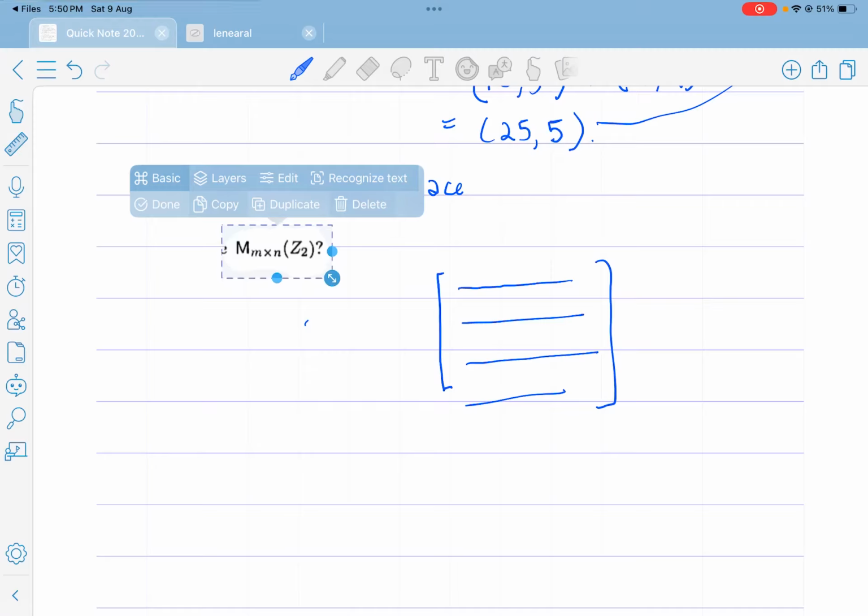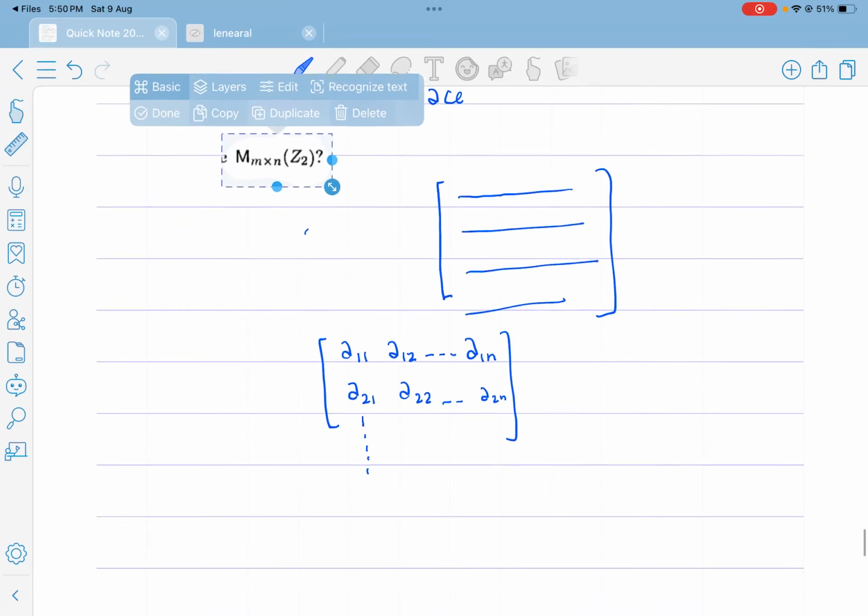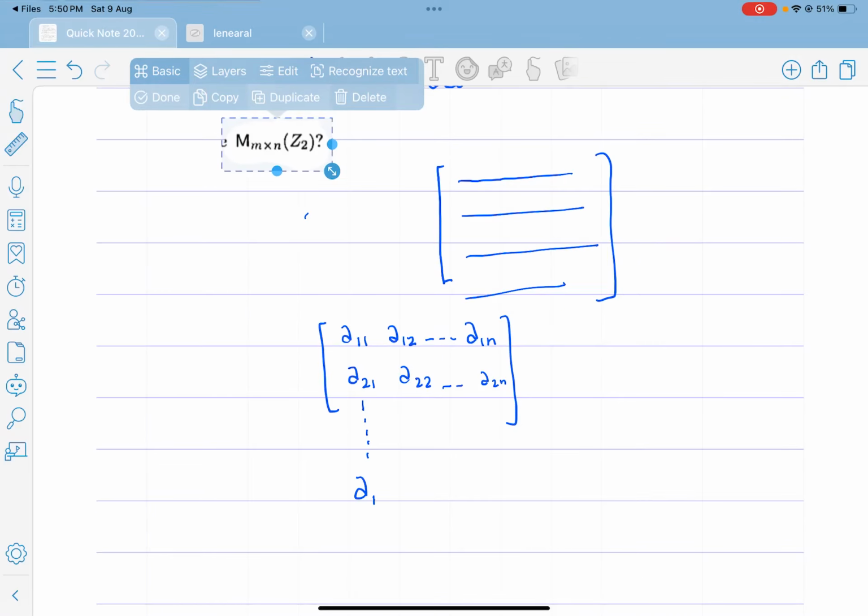This matrix. So how many elements will be there? Let's say a11, a12, up to a1n, then a21, a22, and so on up to a2n, and this will be am1, am2, and so on up to amn. So there will be total mn entries.